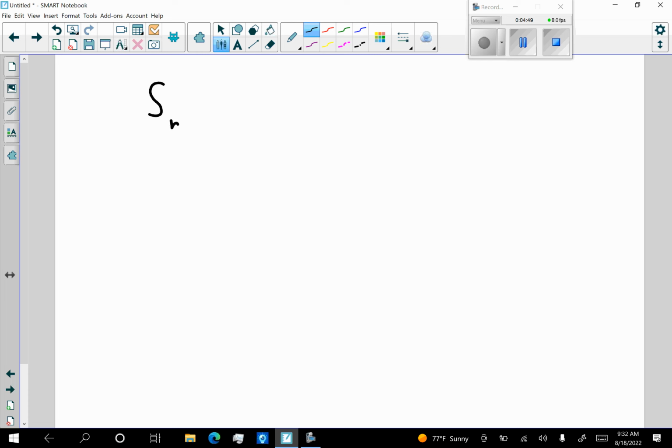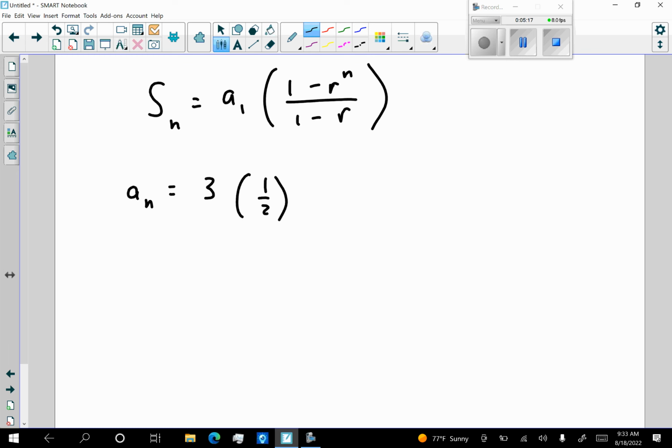I'm going to write my partial sum formula out, and I'm going to consider this geometric sequence. And let's find S sub 6.